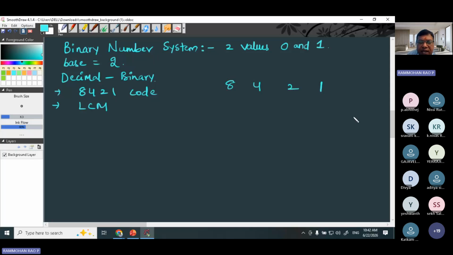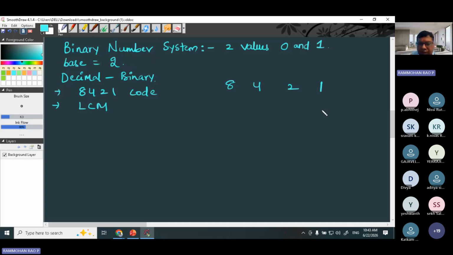8421 code is based on the face value of every digit, every position in the binary number system. We give positions, values from right to left. In the decimal number system, we call it ones, tens, hundreds, thousands, like that.